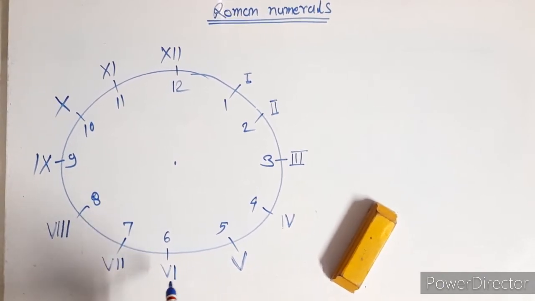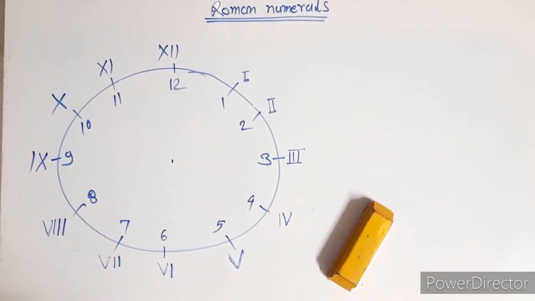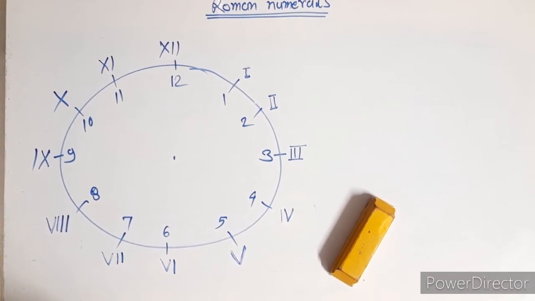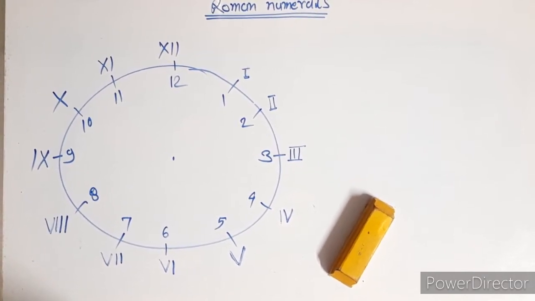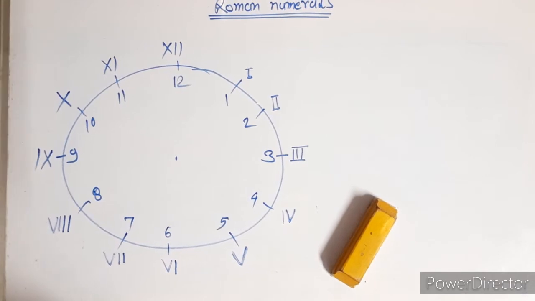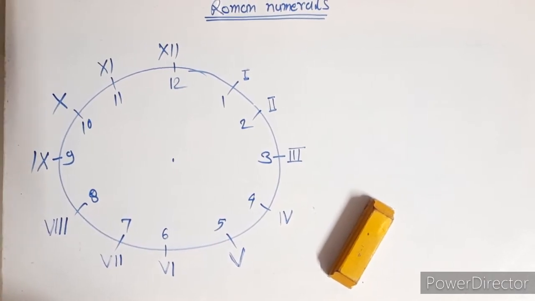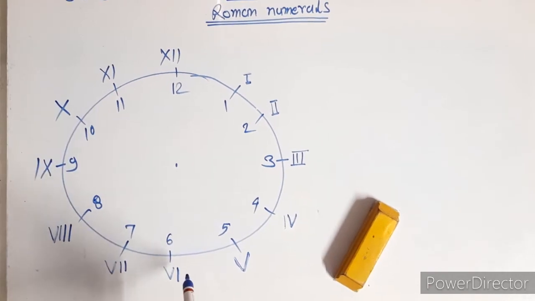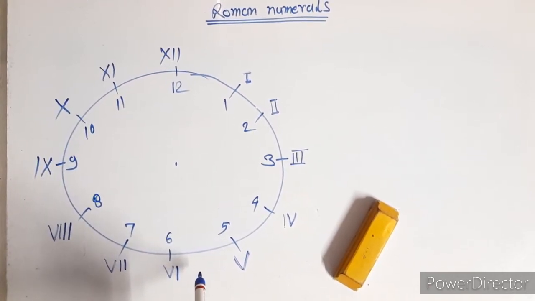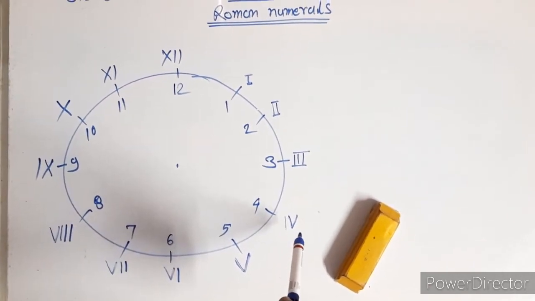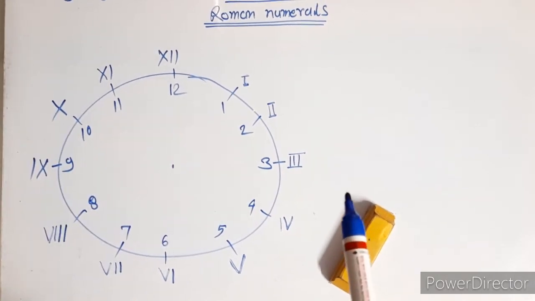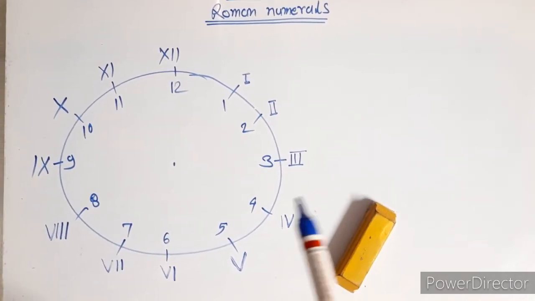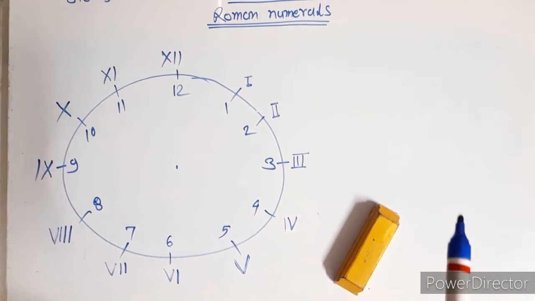Now addition. If we use the smaller number, write to the right side of the bigger number, we get addition. Now look here, V plus 1, here V minus 1. Left side subtraction, right side addition.